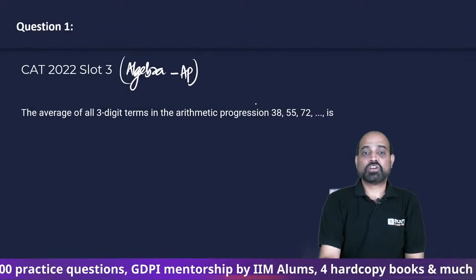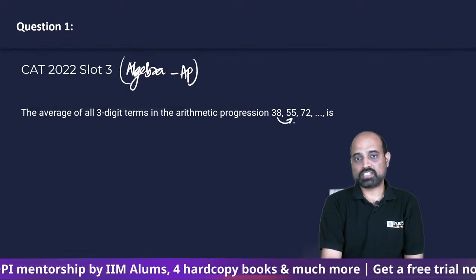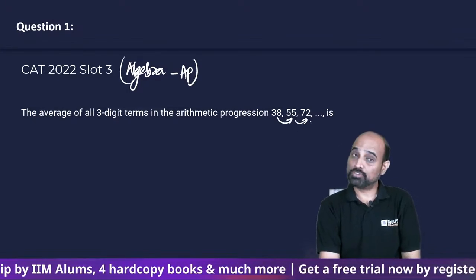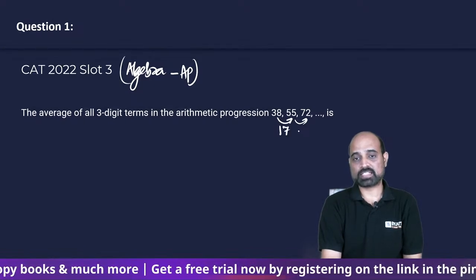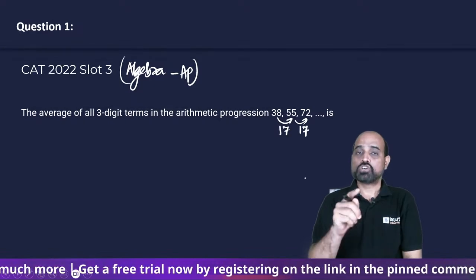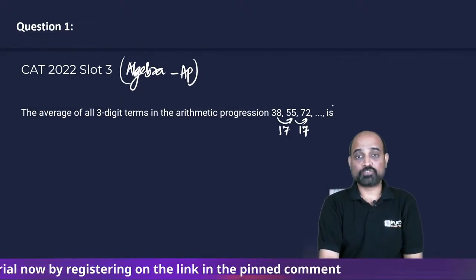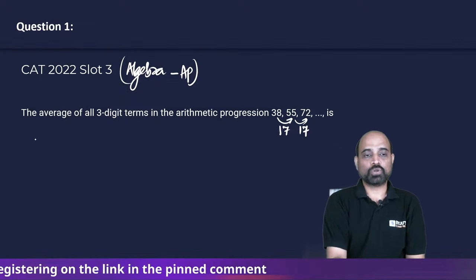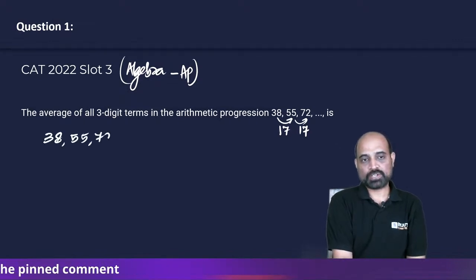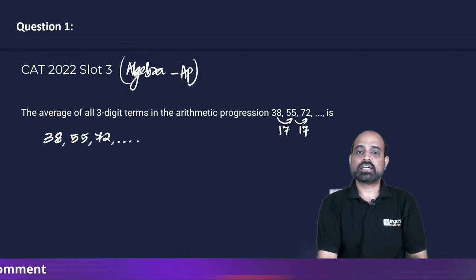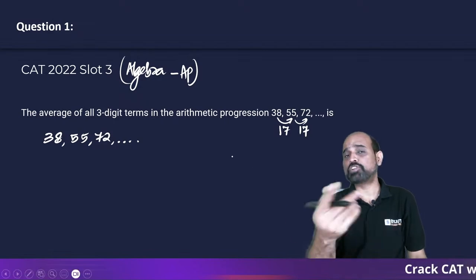Okay. So the first 3-digit number. If you look at the jump that is happening, 38 to 55, this is a jump of 17. 55 to 72 is another jump of 17. So in the table of 17, if we keep on going from 38 onwards, 38, 55, 72, and so on. Now in the table of 17, which numbers come?